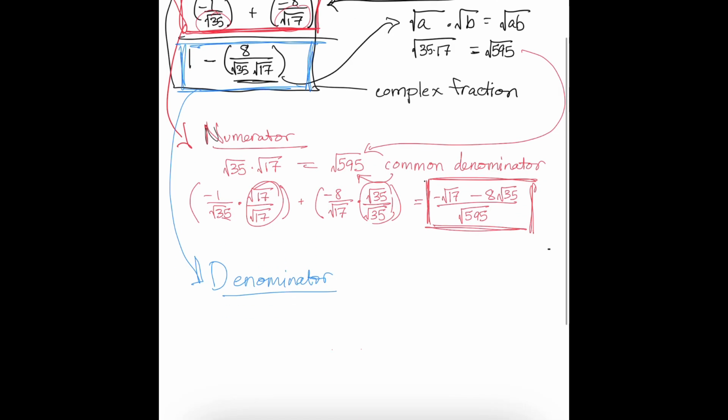All right, so here we have 1 over 1 minus 8 over square root of 595. So looking at this, our common denominator is going to be, again, square root of 595.